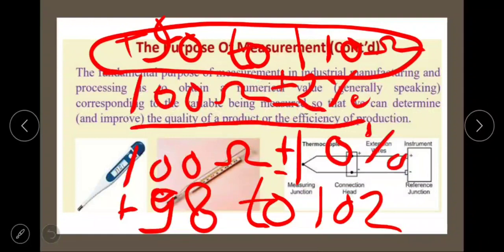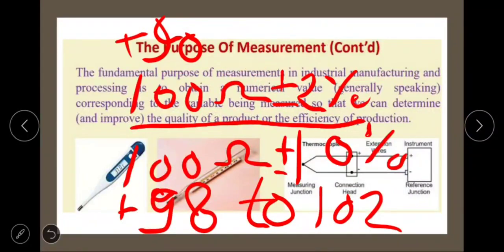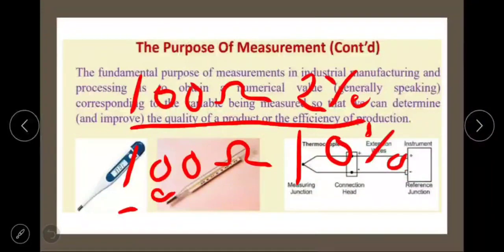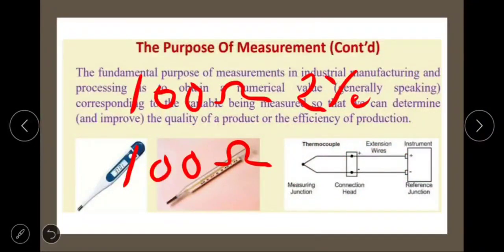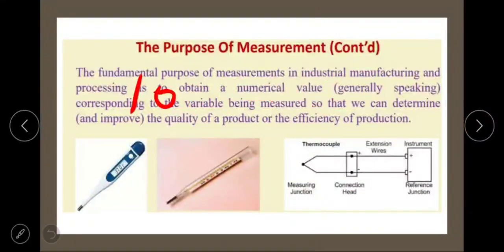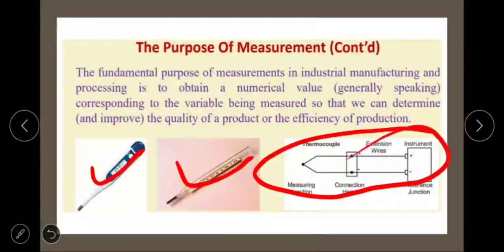So here you can see a digital clinical thermometer and an analog clinical thermometer, and this is also a temperature measurement device.